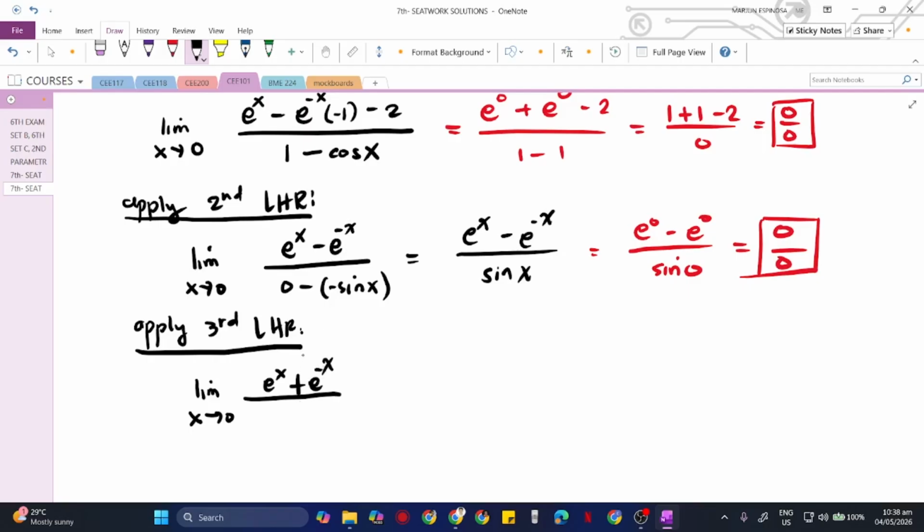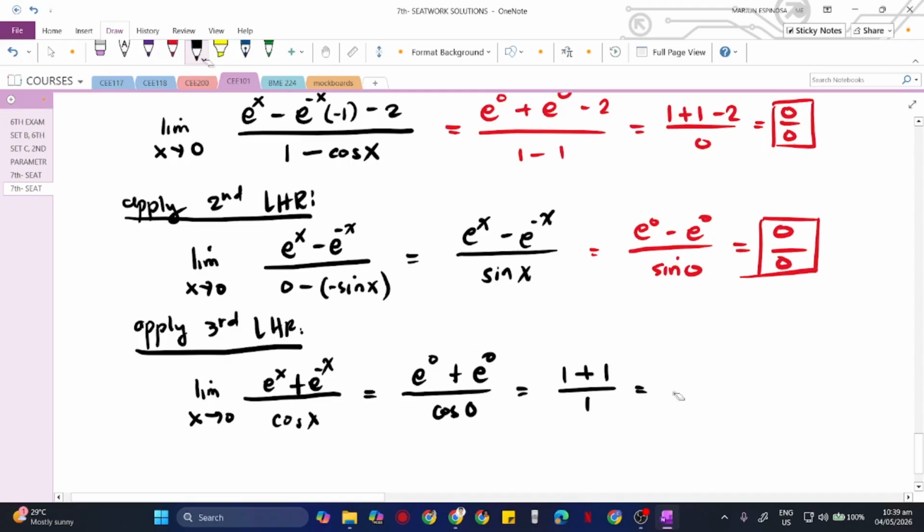Tama ba? And the derivative of sine x is cosine of x. So, try natin, no? e raised to the power of 0, that is 1, plus e raised to the power of negative 0 or 0, that is 1 also, all over cosine of 0, that is 1. So, mangyari, this is 1 plus 1 all over 1, and that is equivalent sa, ano to, class? 2. Okay, 2 to.